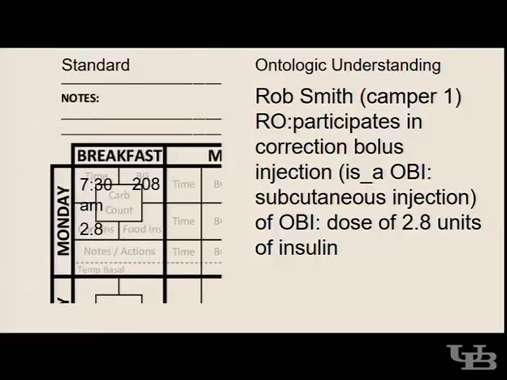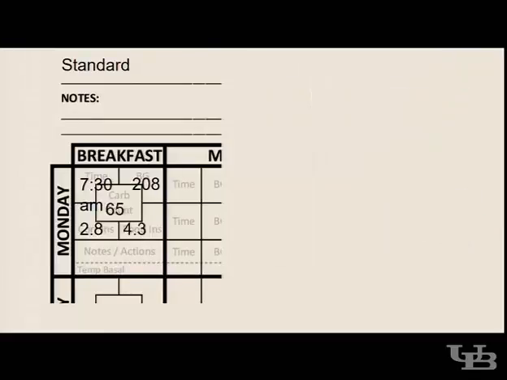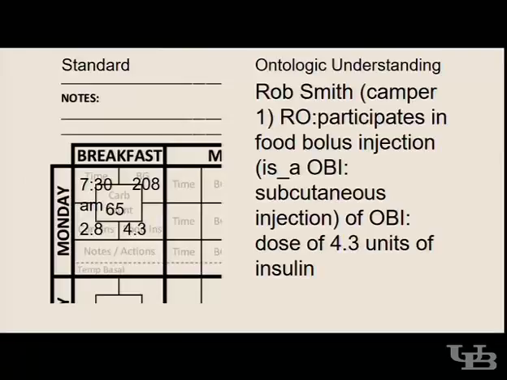So keep correction bolus injection in the back of your mind, because if Rob Smith goes to breakfast and eats 65 grams of carbs, which is important for someone with diabetes to be aware of, again, using some formulas, I decide he needs 4.3 units of insulin. Ontologically, we could say Rob Smith participates in food bolus injection, which is a subtype of subcutaneous injection of a certain dose of insulin.